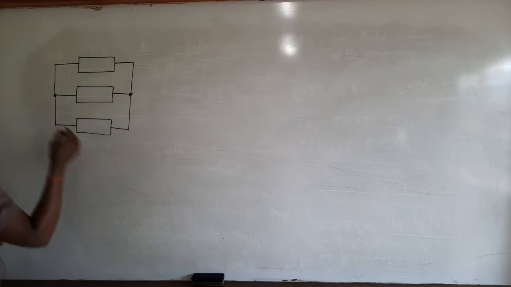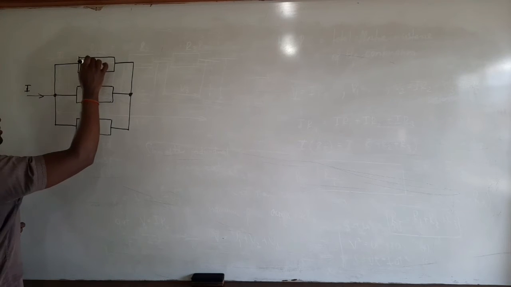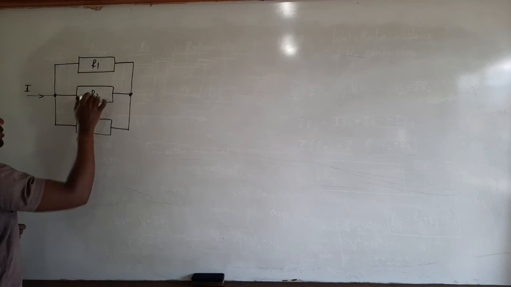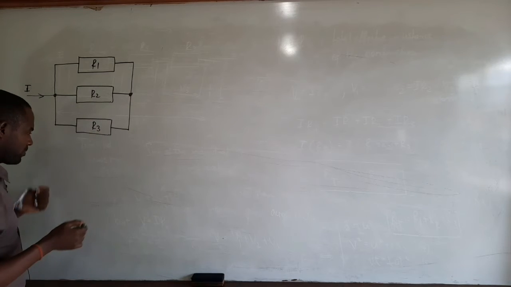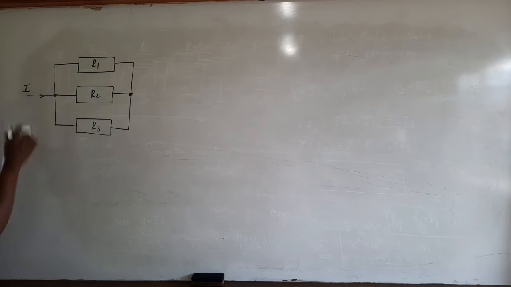We have a current I which is flowing into this junction. So let's call these R1, R2, R3. Now the current I is flowing into this junction.